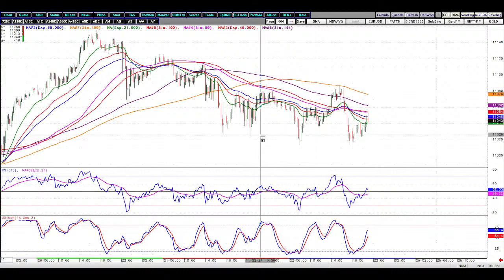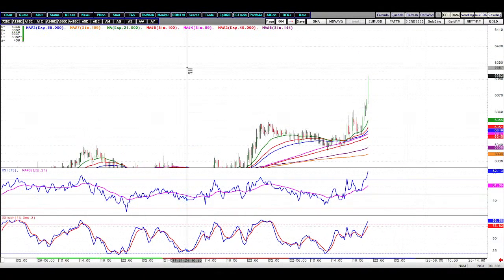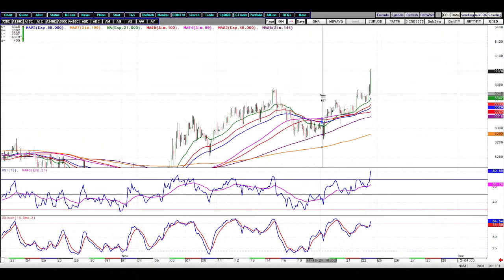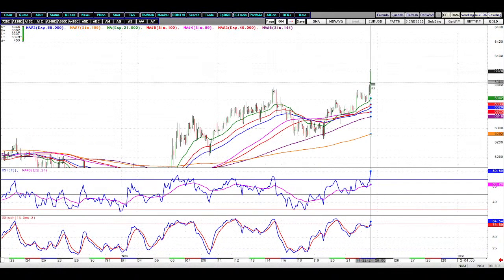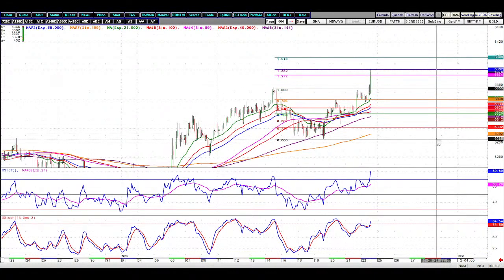Okay, let's see. This is already moving up, and both are giving us the same indication. The direction line is still pointing up, so we have another 45 minutes on this trade. We expect the price to move higher.